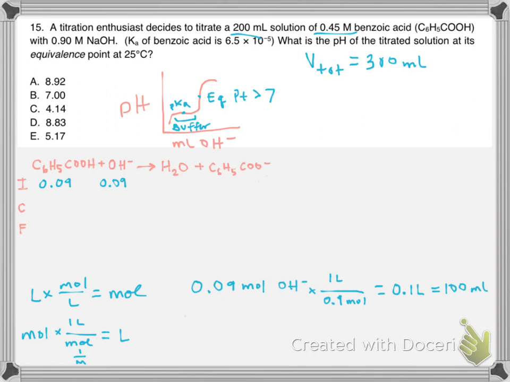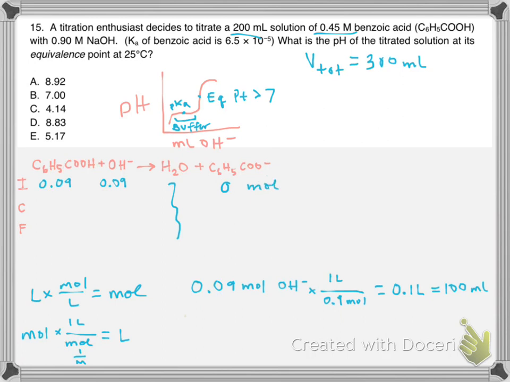Okay, so now let's go through and fill out the rest of our ICF table. Don't care about water. They didn't tell us anything about the benzoate, so we have none of that to start. This is all in moles.